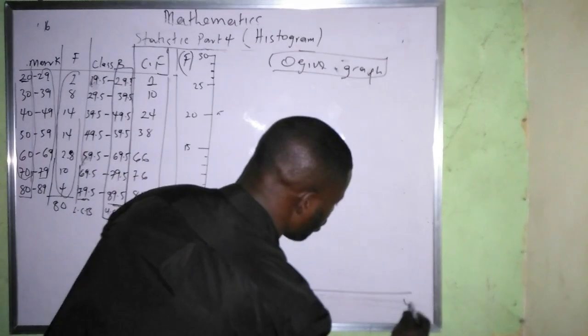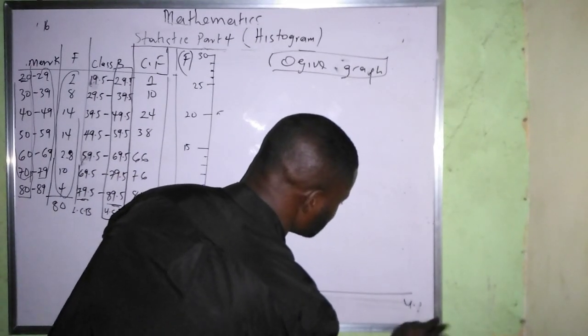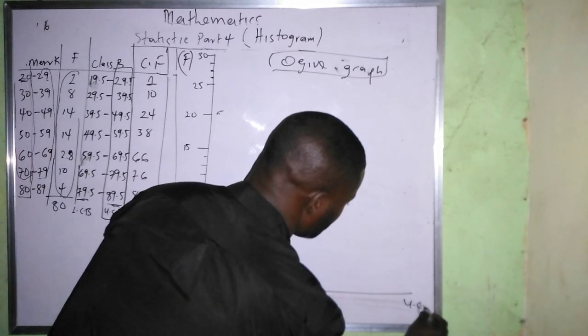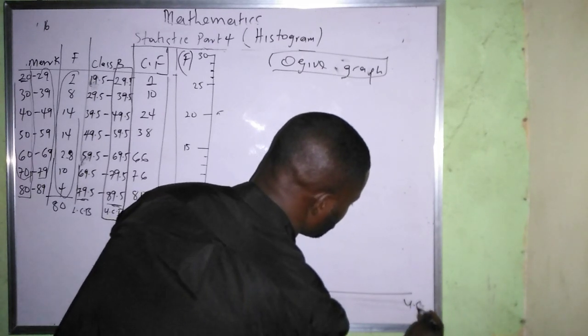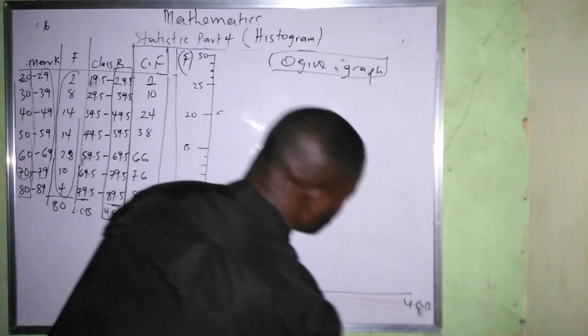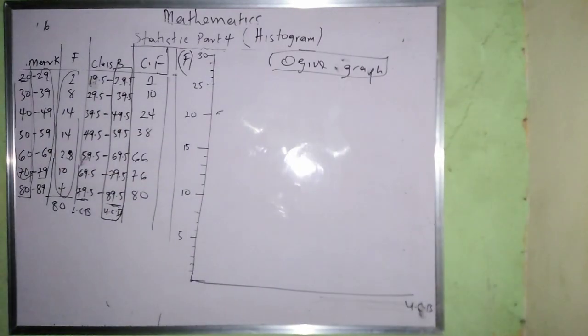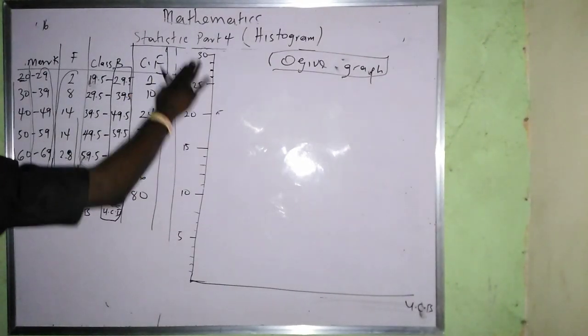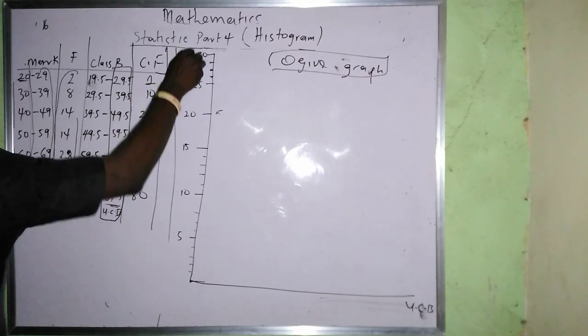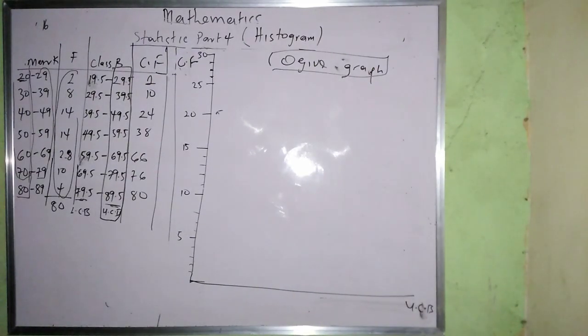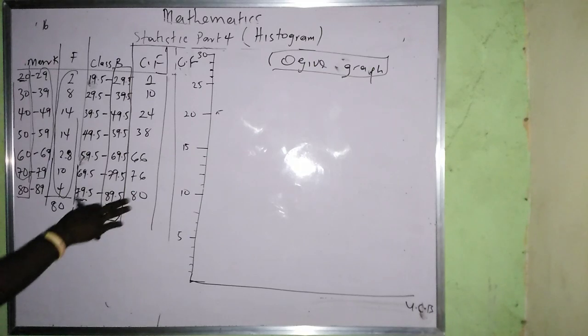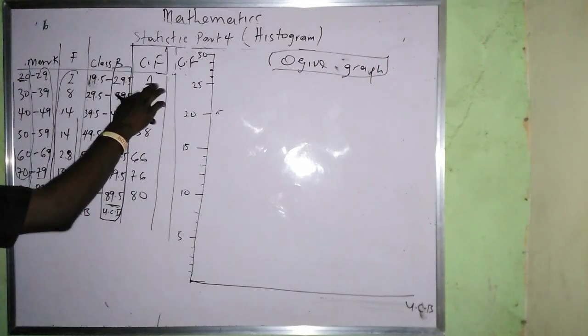This axis will be upper class boundary. Now, this one will be cumulative frequency.